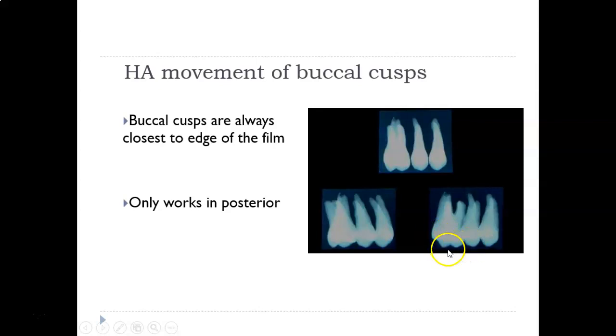Down here are the buccal cusps, up here are the lingual cusps. And so the direction of the roots and the direction of the cusps follow the direction that you are pointing the central beam. Buccal cusps are always closest to the edge of the film. This only works in the posterior because you have two cusps to compare.